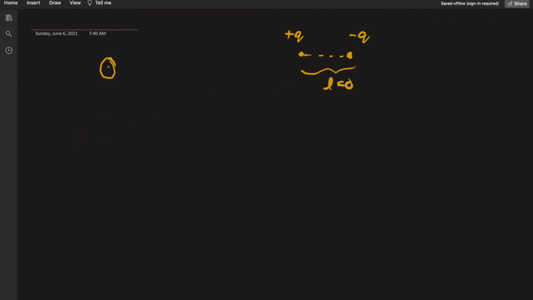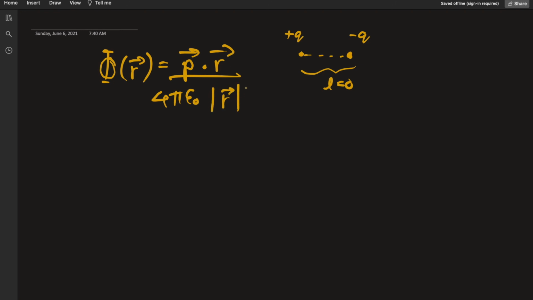So now the electric potential because of this dipole is a scalar field. You define it as the dipole moment vector dotted with the position vector, divided by 4 pi epsilon naught, where epsilon naught is the permittivity of free space, times the magnitude of r cubed. That's how you define it.